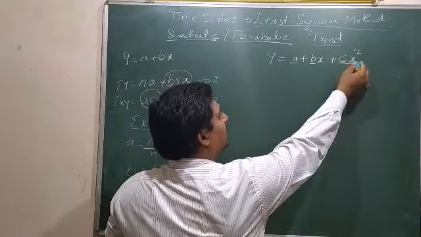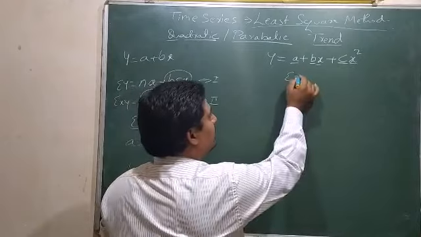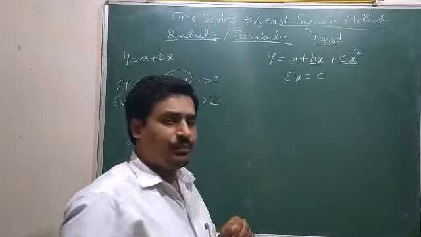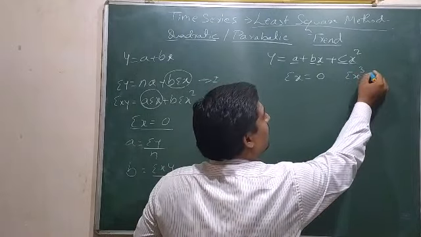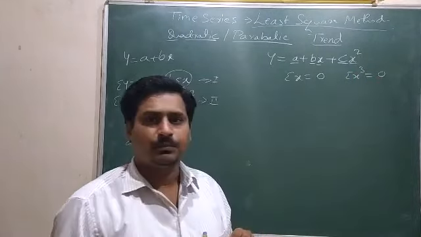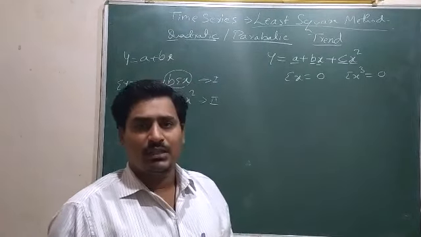And here x again we take in such a way that summation x becomes 0 as well as summation x cube also becomes 0.